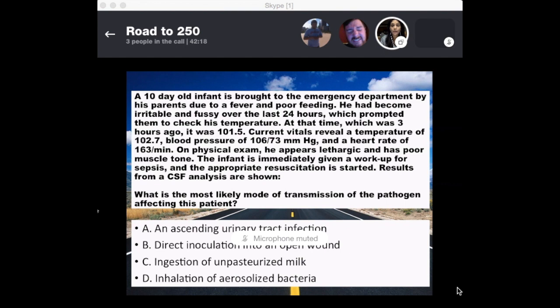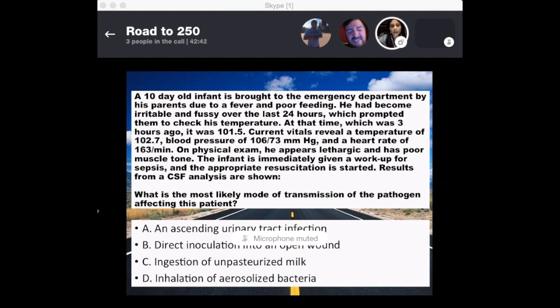Current vitals reveal a temperature of 102.7 degrees Fahrenheit, blood pressure is 106/73 and a heart rate of 163 per minute. On physical exam, he appears lethargic and has poor core muscle tone. The infant is immediately given a workup for sepsis and the appropriate resuscitation is started.